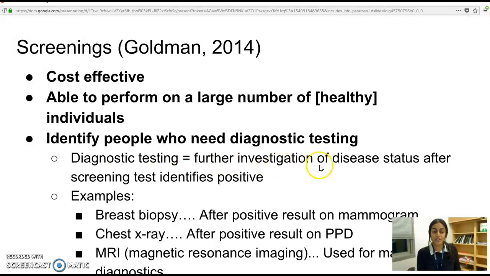So it would be a further investigation of disease status after a screening test identifies a positive. Examples of diagnostic testing are a breast biopsy after a positive result on a mammogram, which is a screening test, a chest x-ray after a positive result on a PPD, which is a skin test to look for tuberculosis, and MRI, magnetic resonance imaging.